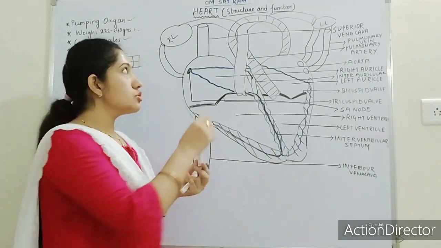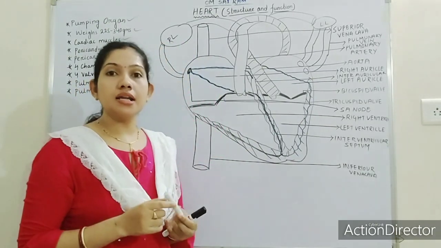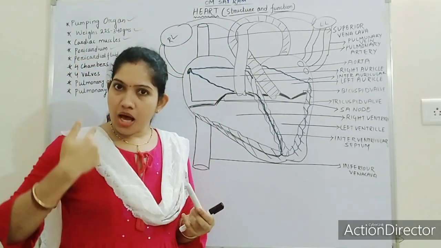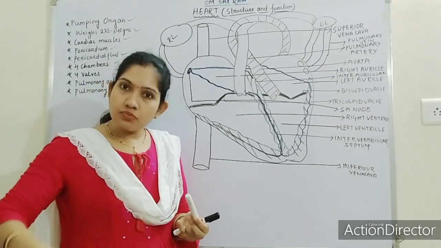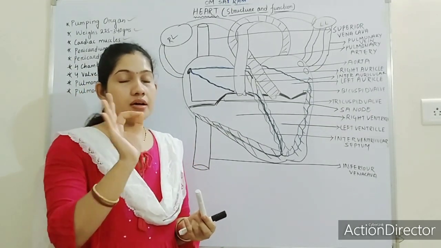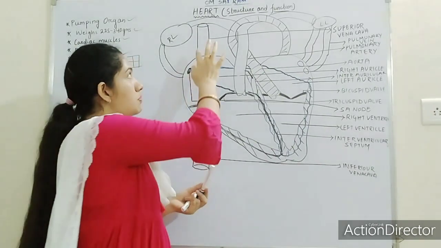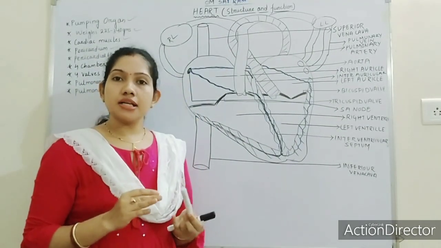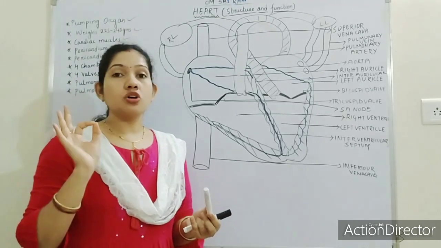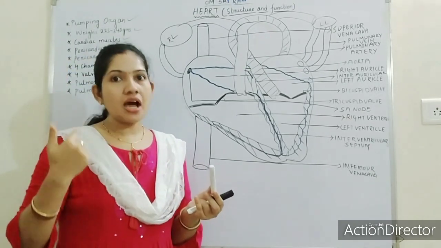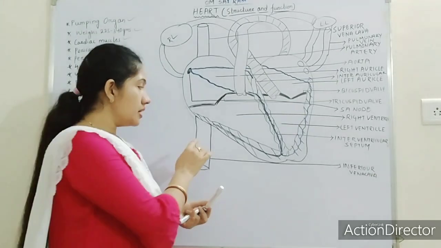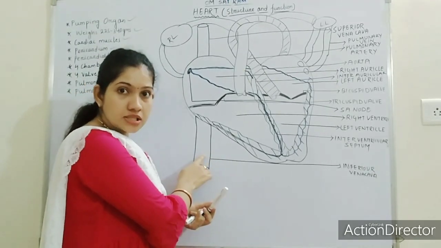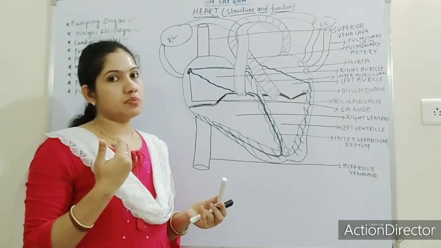The superior vena cava collects blood from the upper half of the body, and the inferior vena cava collects blood from the lower half of the body.